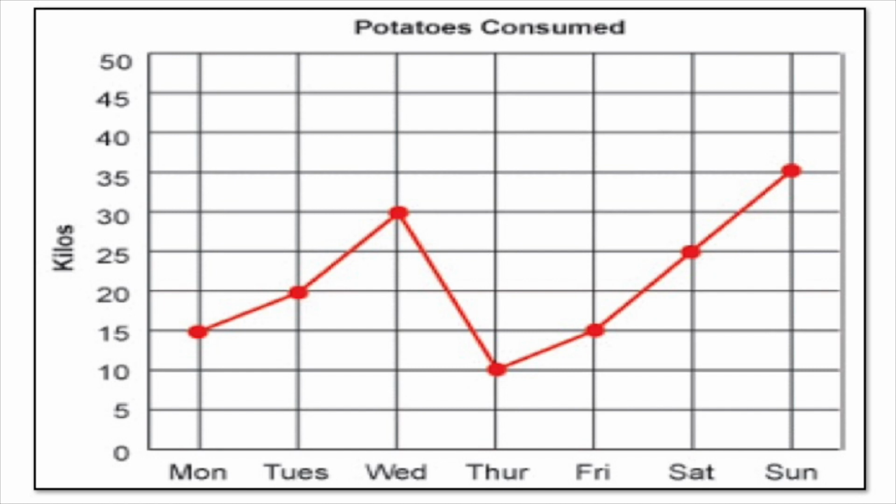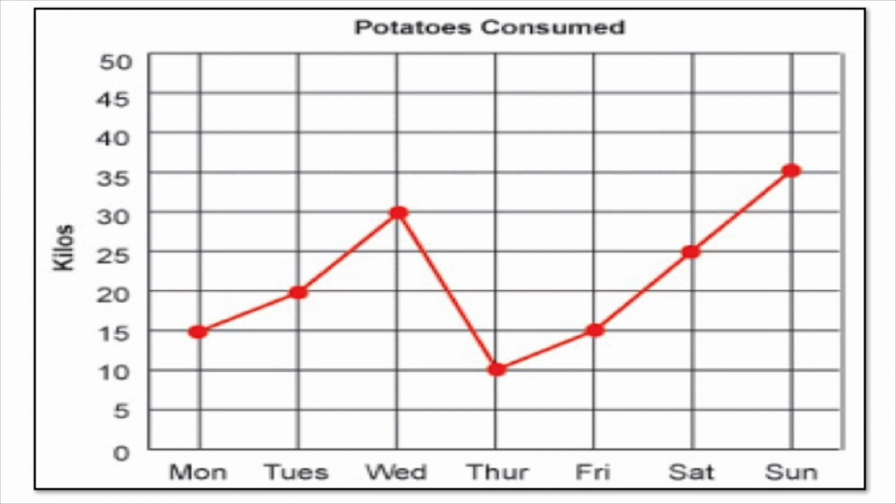How many kilos of potatoes were eaten on Monday? 15. Well done. You see, you go to Monday on the horizontal axis and then find the marker. And the marker is 15. How about Tuesday? 20. So does the line go up or does the line go down? It goes up. How about Wednesday?